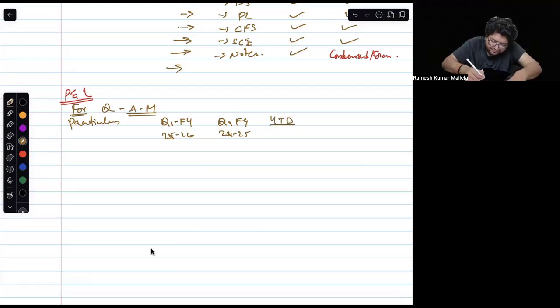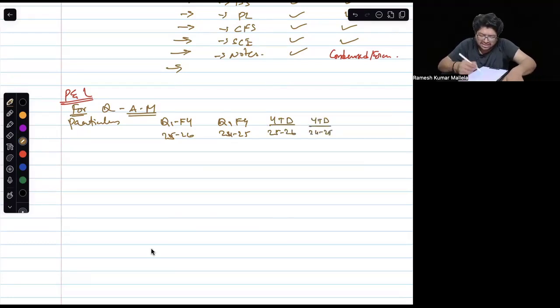Then YTD 25-26, YTD 24-25. Actually, in the particular detail, same. YTD na year to date அப்படின்னா year beginning ல இருந்து till date வரைக்கும். Am I making sense? Yes, sir.